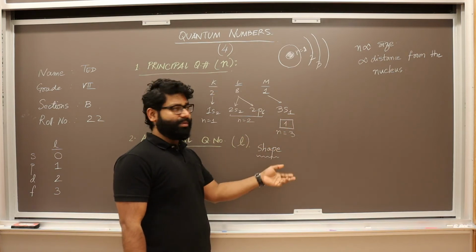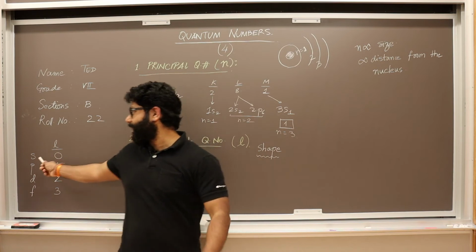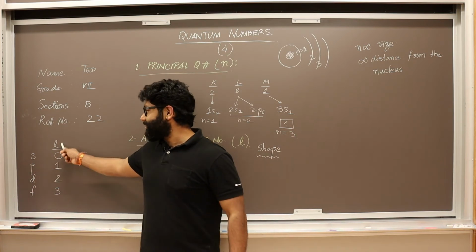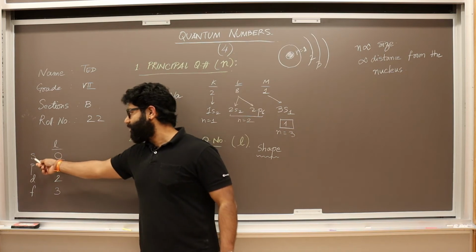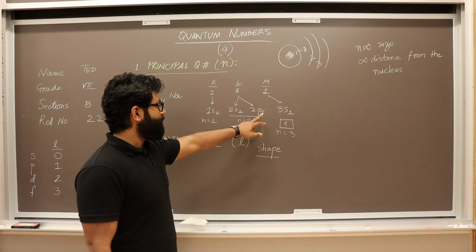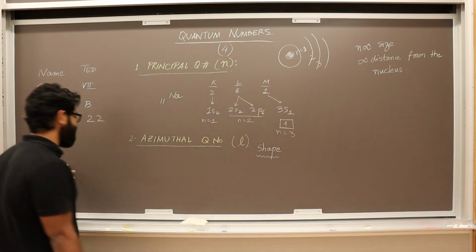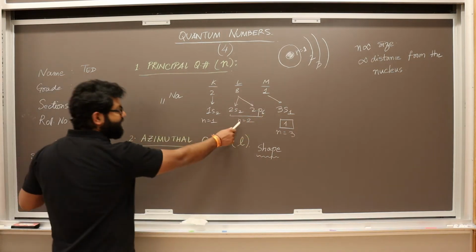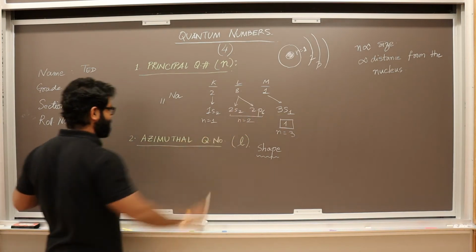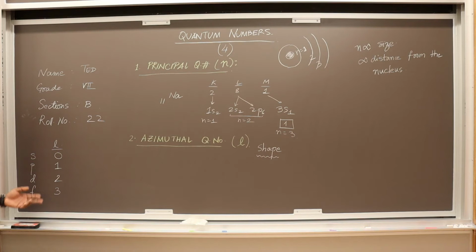The azimuthal quantum number will be 0, because it's in the s orbital, and the azimuthal quantum number of s orbital is given as 0. Okay, it's very simple. For p in here, the azimuthal quantum number will be 1. The principal quantum number will be 2, but the azimuthal quantum number will be 1. Similarly, if you have a d, like a 3d, so the azimuthal quantum number will become 2. For f, it will become 3.